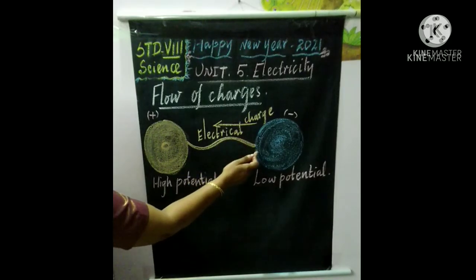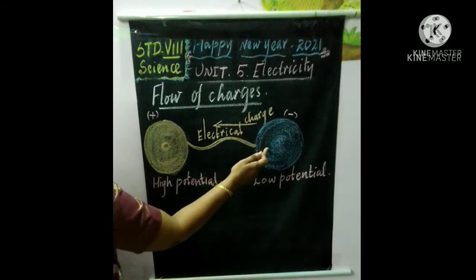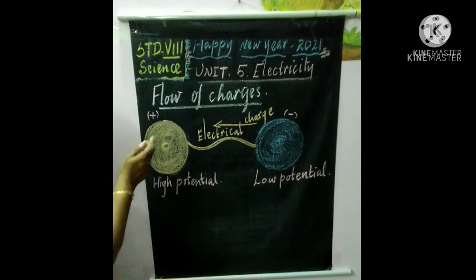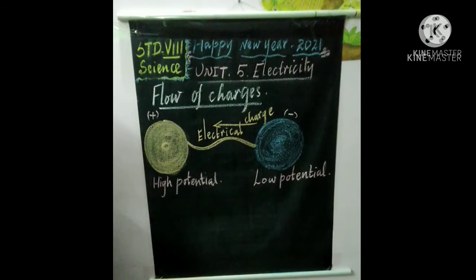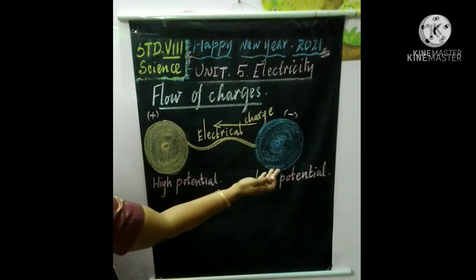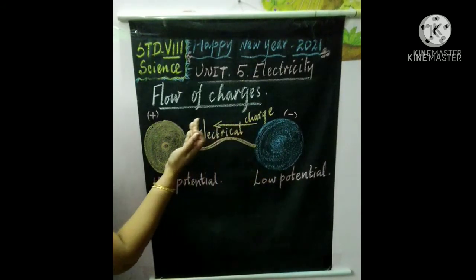Now we start electrical circuits. We saw that when two oppositely charged spheres are connected by a metal wire, electrons flow from the sphere which is at lower potential to the sphere at higher potential. That is known as electric current.